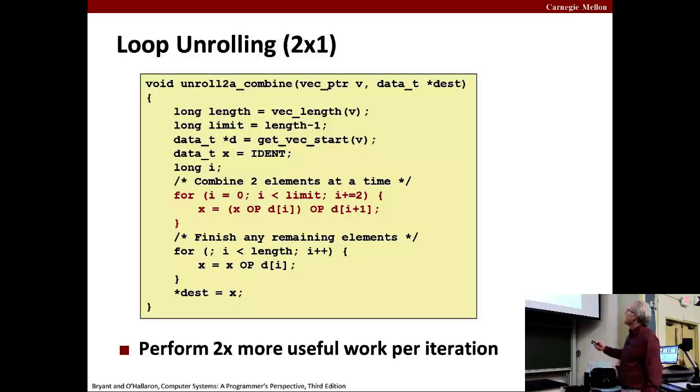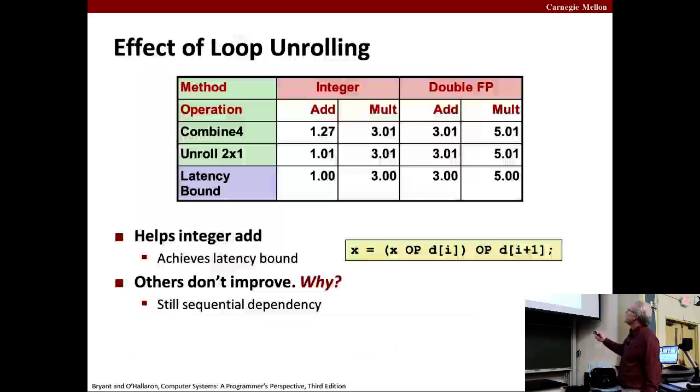So will this help us any? Well, when I run it, I get that the integer addition got a little faster, but the other ones didn't improve at all. This one is going faster because in the old code, the overhead of the loop indexing and incrementing was enough to slow me down, because it's already close to a clock cycle. So I managed to knock that down to the latency bound of this particular instruction.